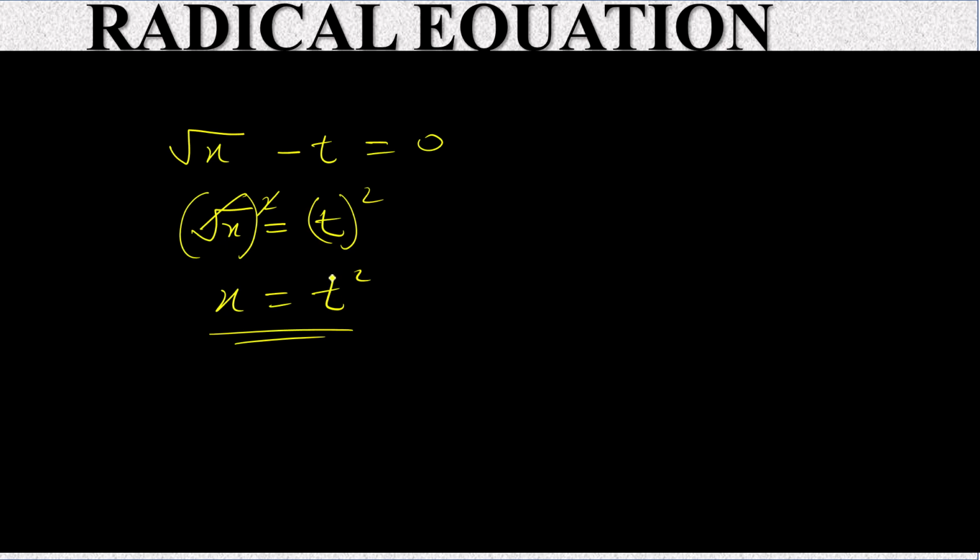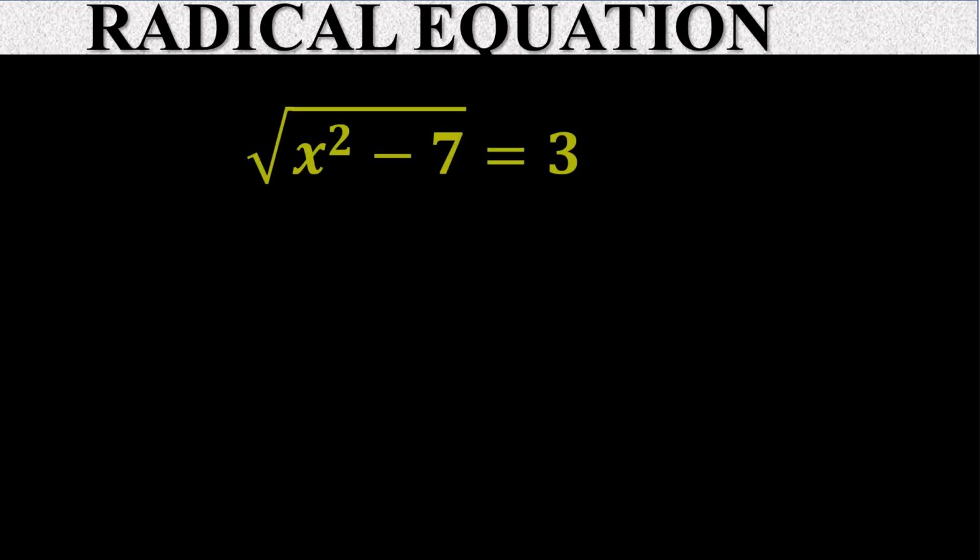So we are going to look at them one by one, the examples. Alright, so let's start. The first example here, we have square root of this equals that. Let's square both sides.